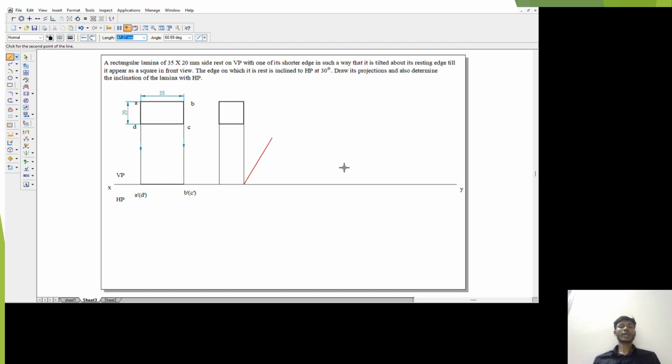Then copy the square and move it towards the line. While moving, the copy option should be bold. Then go to the rotate option, click on the fixed point and click on another point, then rotate the square.